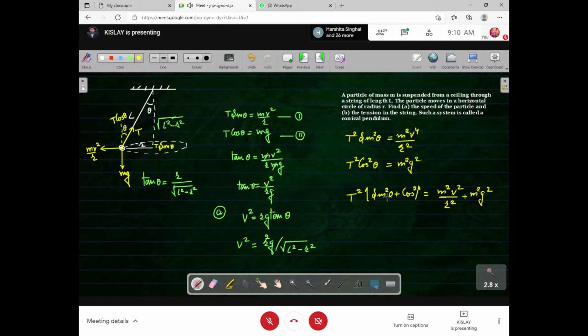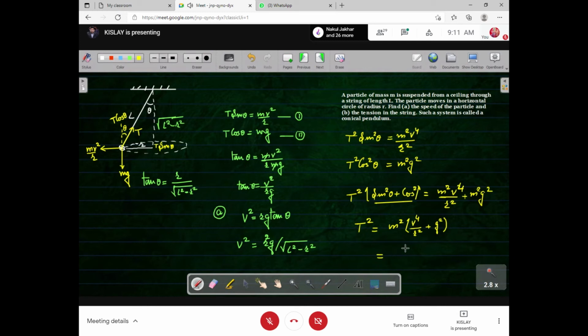Okay, this becomes 1, so we can write T square is equal to m square v to the power 4 upon r square plus m square z square. Now we can take m square as common: m square times (v to the power 4 divided by r square, plus z square).